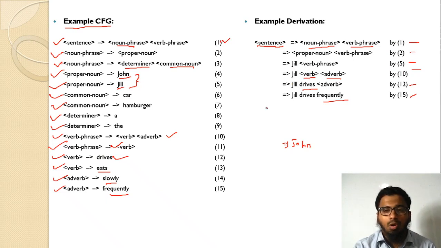In the same way, in place of this you can write John. In place of this verb you can write eat. In place of adverb you can write slowly. And here you can add the common noun.